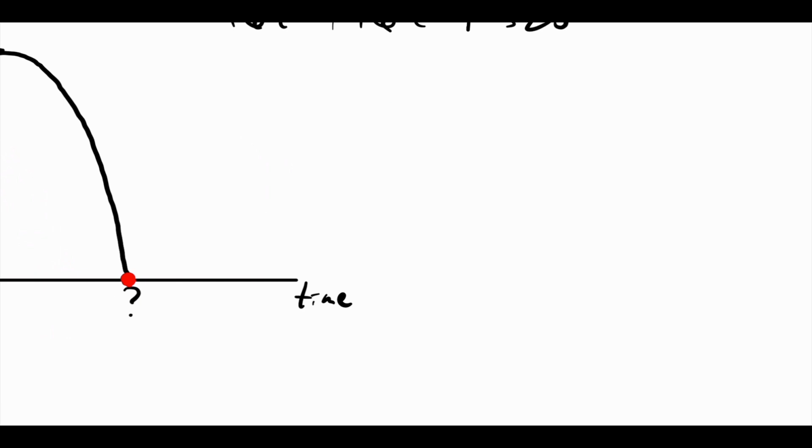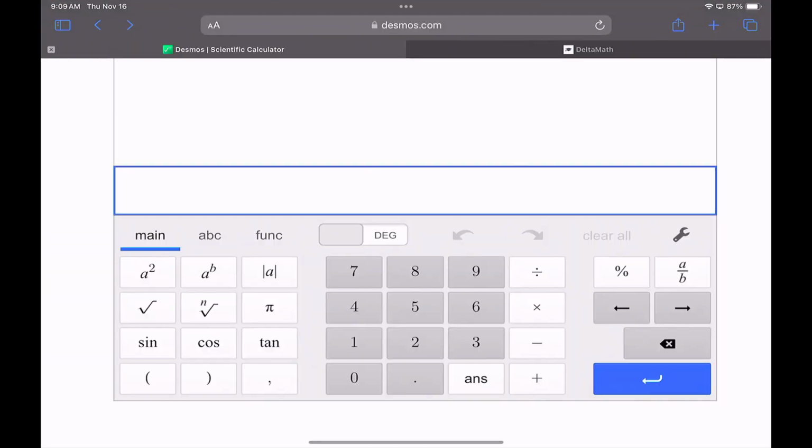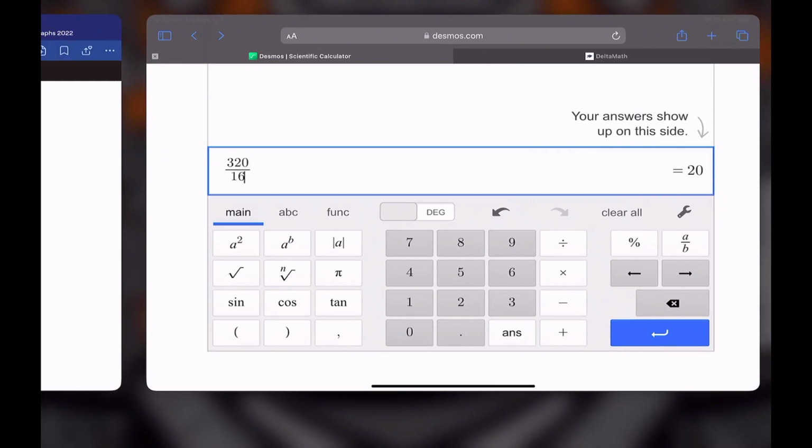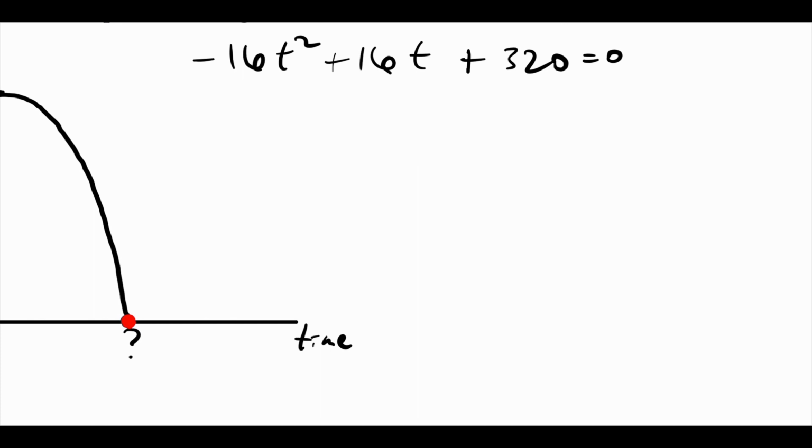Yeah, they all can be divided by 16. So the GCF is negative 16. That makes positive t squared minus t minus 20 equals 0.